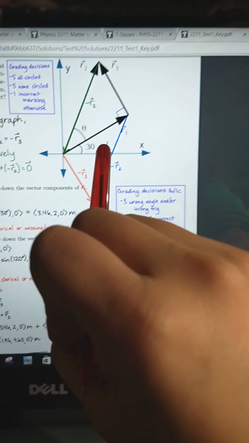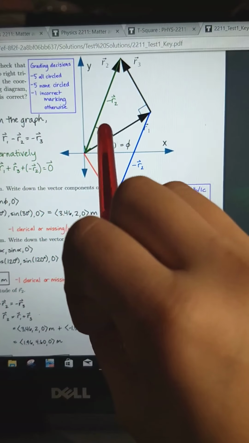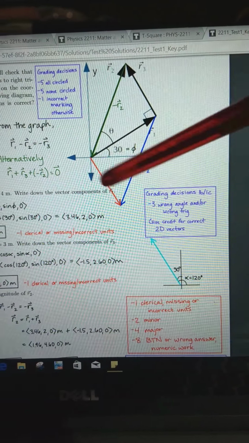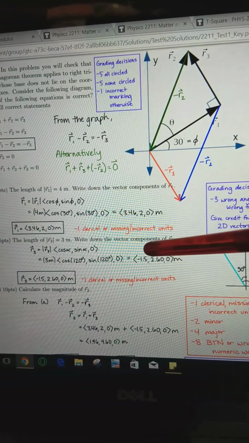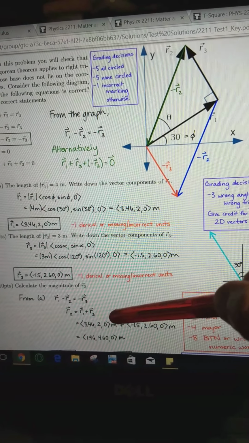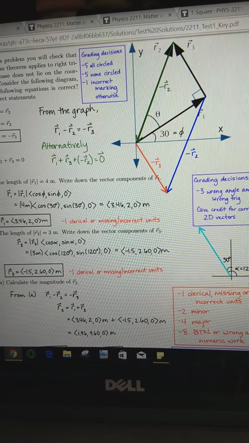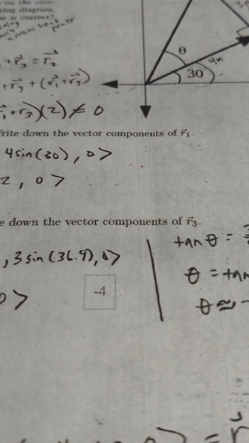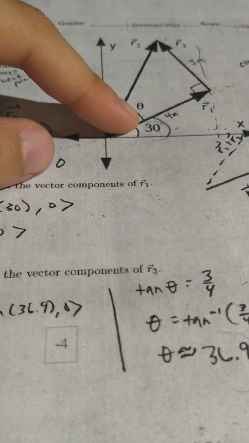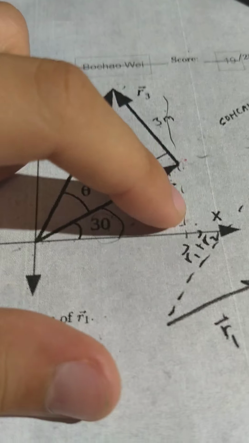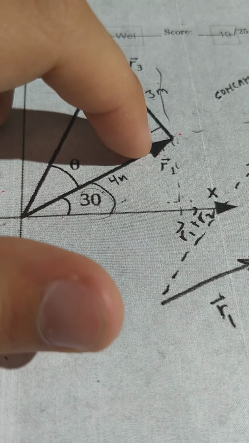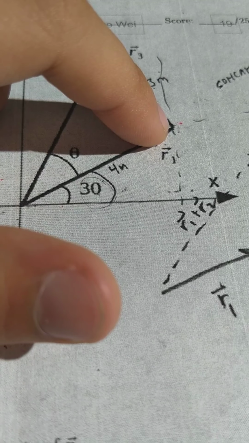So I believe you would do the 30 here plus the 90 to give you the 120, which is why it's cosine 120 times the 3, and that's why I got this part wrong, because of the errors in this one. Since I didn't know that, I was thinking, oh, this angle is undefined, it's this to this, but this wasn't located at the origin.